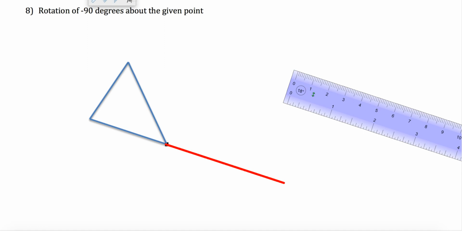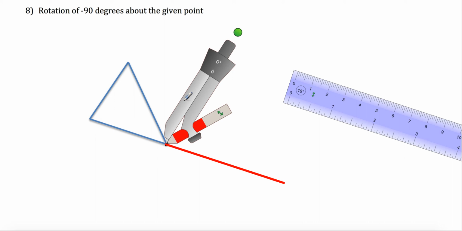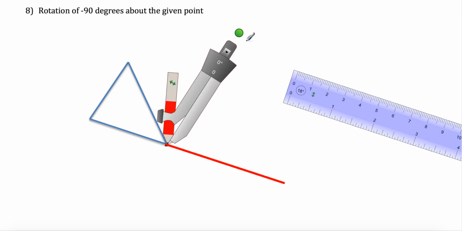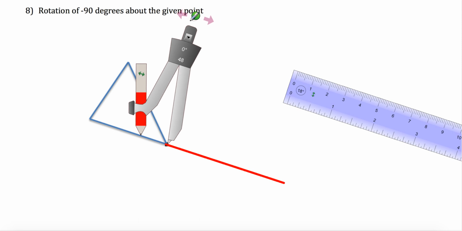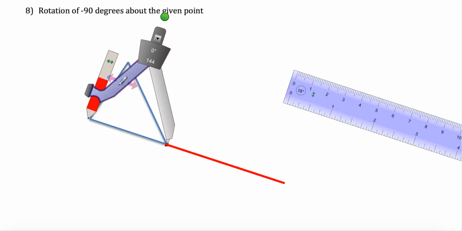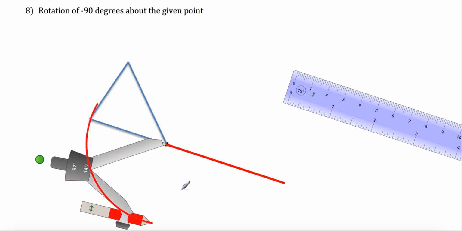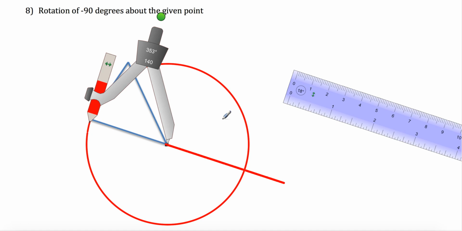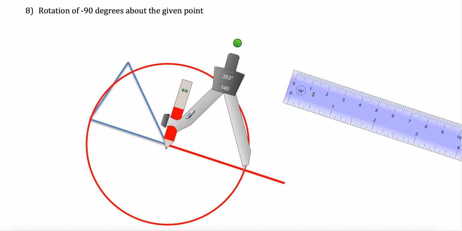And from that point, that's how long it is. Then what I want you to do is just draw a circle around it and go a little bit more than halfway.